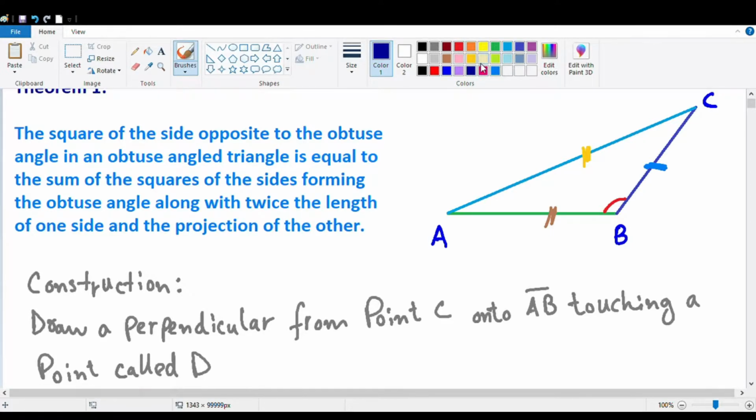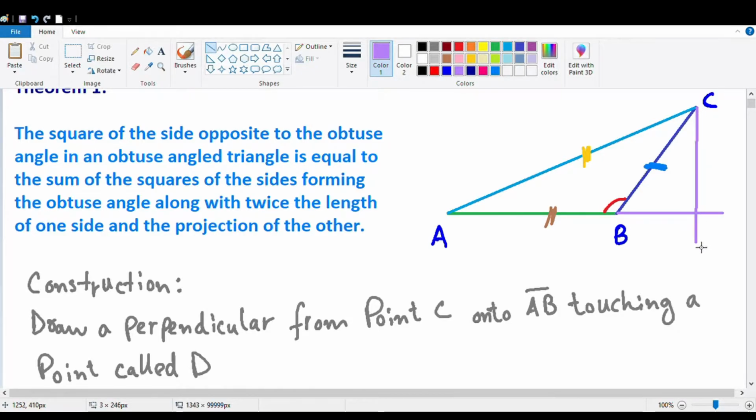So let's use some good colors. Let's just stretch this. Here I should have done C first, but yeah.